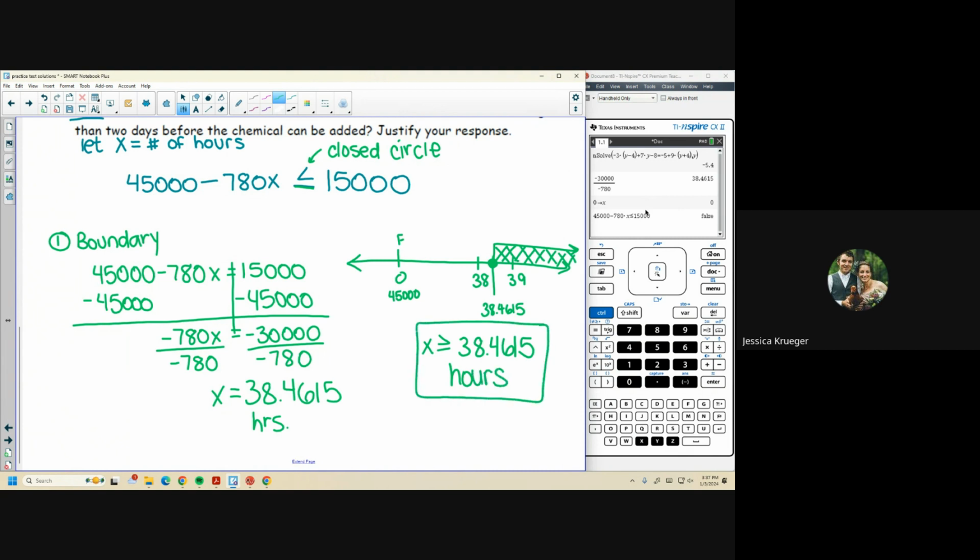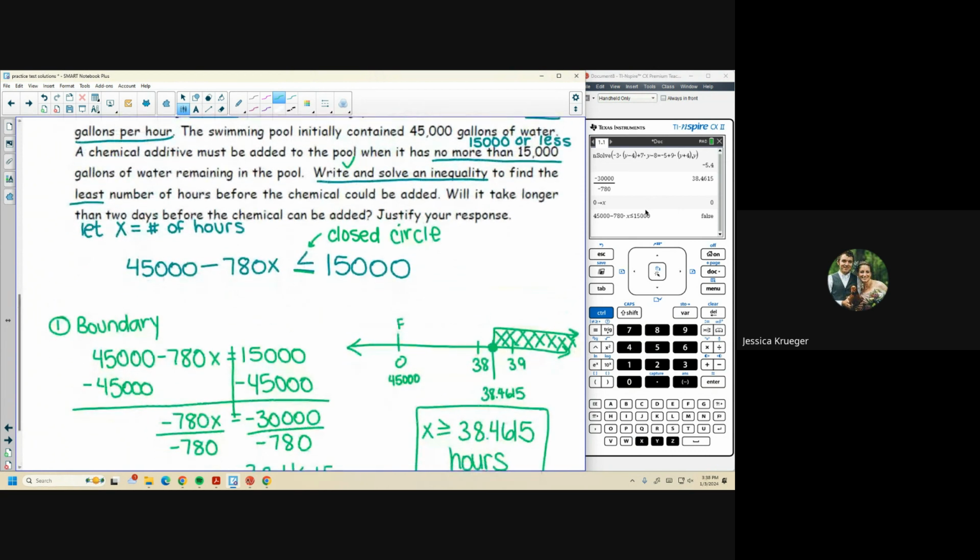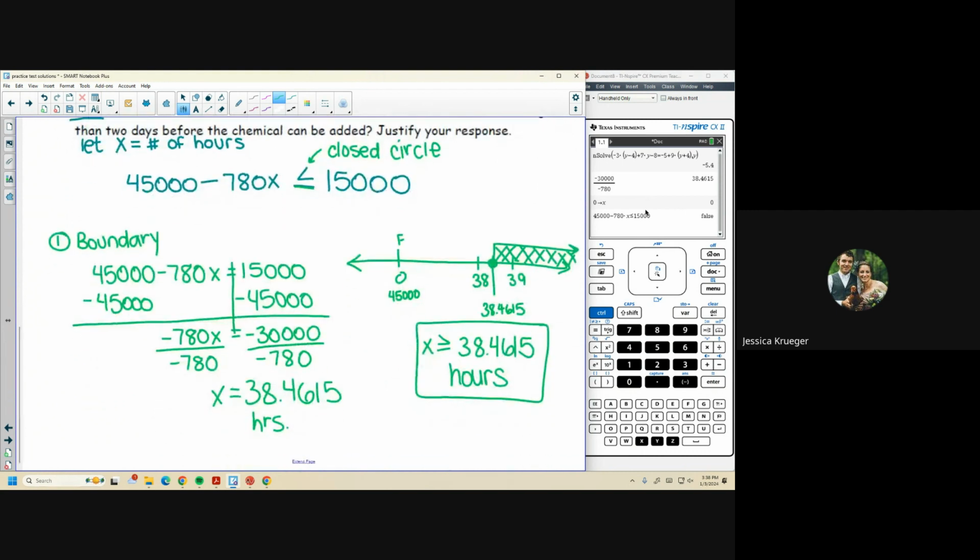Now, if I remember, there were some more questions up here. So it says, write and solve an inequality. I did that to find the least number of hours before the chemical could be added. Now, my suspicion is there's actually a typo here. I think they probably want to know the least number of whole hours. If they were to ask you the least number of whole hours, 38.4615 is in between 38 and 39.